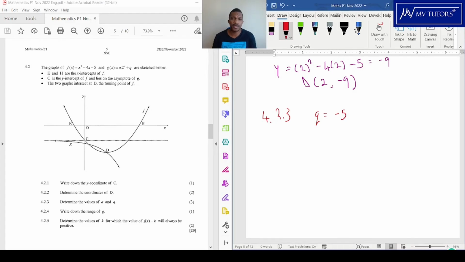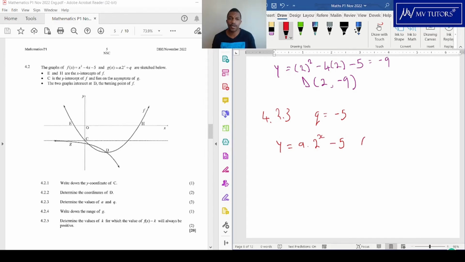Now if we rewrite the equation of g, it's y equals a times 2^x minus 5, because we just solved q to be minus 5. Now, all we have to do is substitute a point where the exponential graph passes to solve for a.